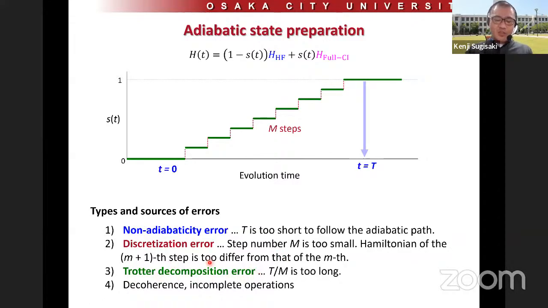This Trotter decomposition error becomes significant if T divided by M is too long, so the time for each Trotter step is very long. And of course, we have to think about errors inherent in quantum computers, such as decoherence and incomplete operations, and noise from the environment.